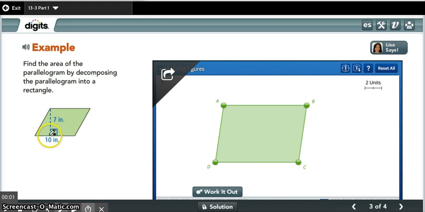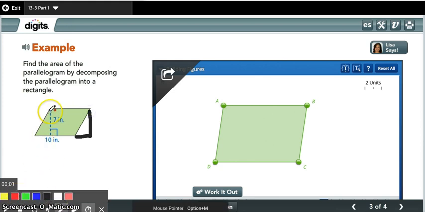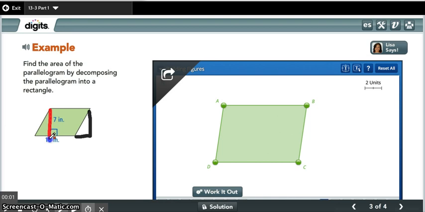So here they've shown us the base is 10 and the height is 7. So we need to simply take the triangle that they've given us right here and visually slide it over right here. And now this piece, and let me maybe frame this in red, this piece in red is my new rectangle right here.